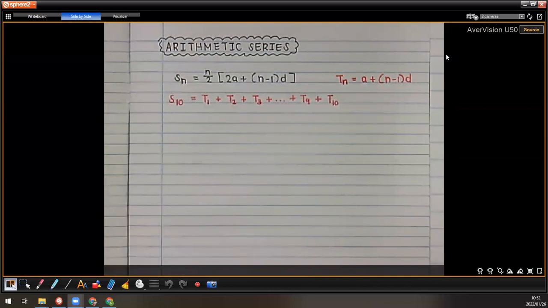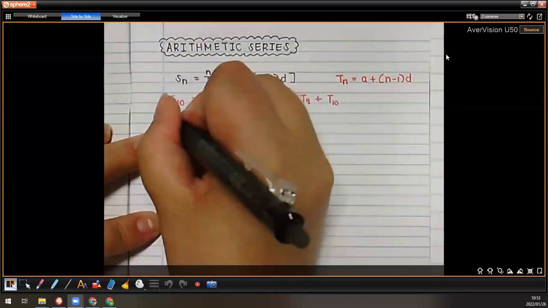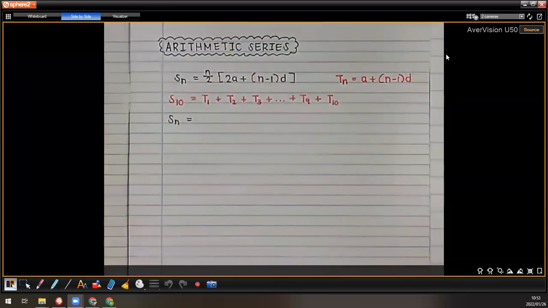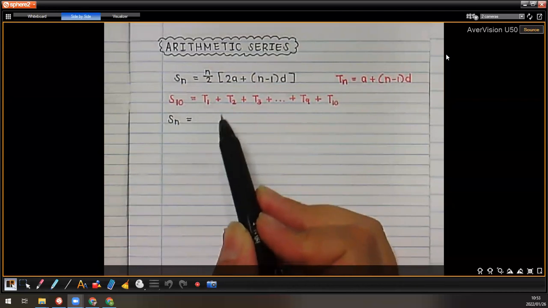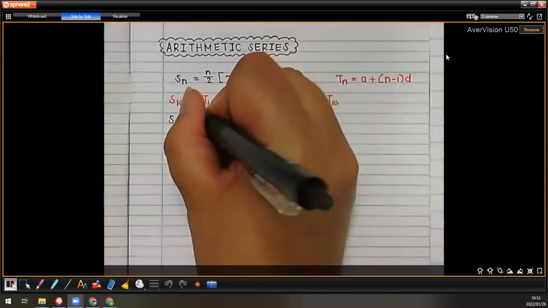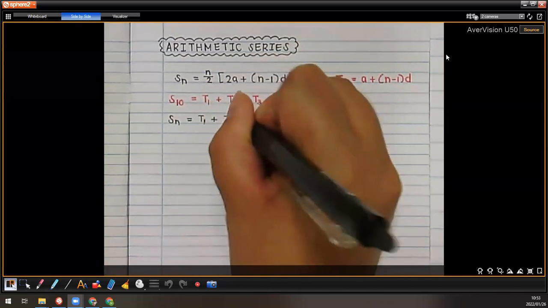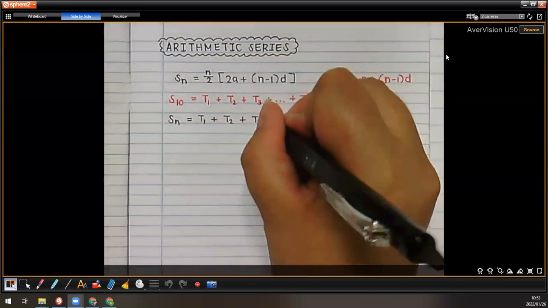Now, for the first line of this proof, we are going to be using this same layout. So this is now the first line that you would write in the proof: the sum to n terms will be term 1 plus term 2 plus term 3. This first line, you also don't really need to write down. It's just a bit of an explanatory line.